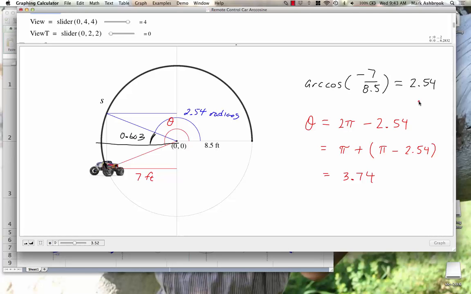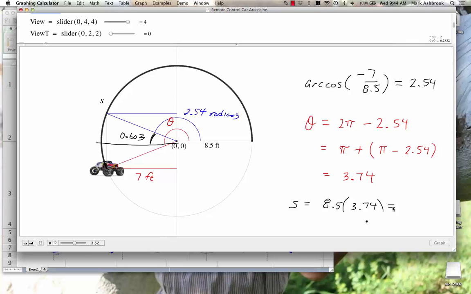It just depends on the instructions. If it just says find the arc length, then it's up to you. But if the question was, what fraction of a radius length is the truck to the right of the vertical diameter, you've got to put negative. Does that make sense? Okay. And then from here, it's easy: S equals 8.5 times the number of radius lengths.